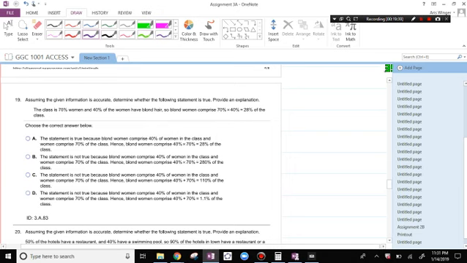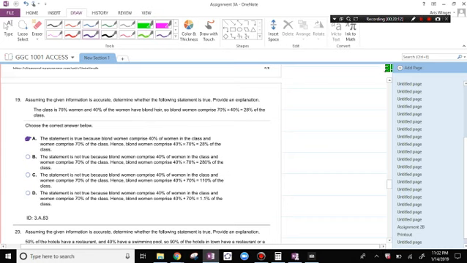Assuming the given information is accurate, determine whether the following statement is true. Provide an explanation. The class is 70% women, and 40% of the women have blonde hair. So blonde women comprise 70% times 40%, which is 28% of the class. That is absolutely true. That makes sense.